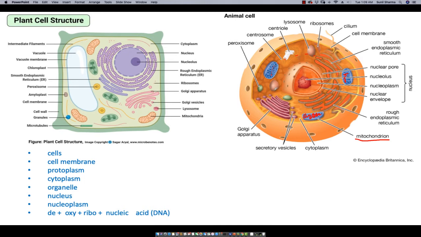We see that we have what we call the Golgi apparatus, and what they do is, when a cell produces proteins and some kind of enzymes and creates hormones, these are secreted into the blood through these secretory vesicles.